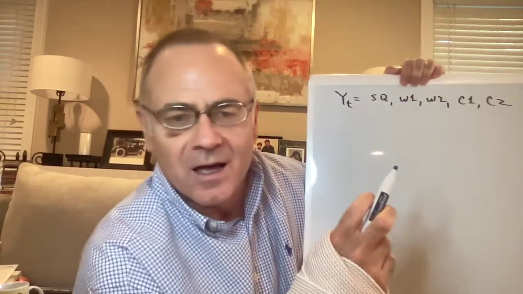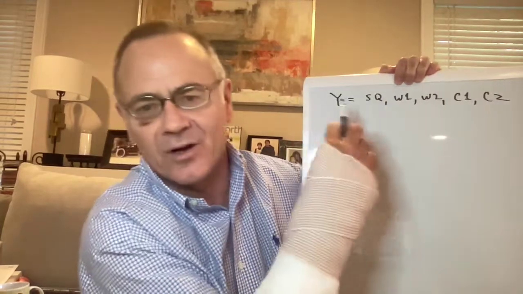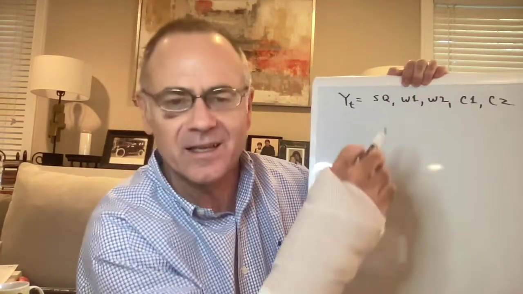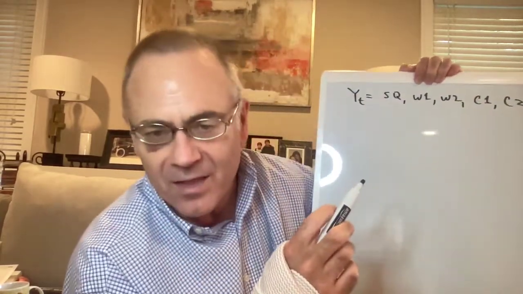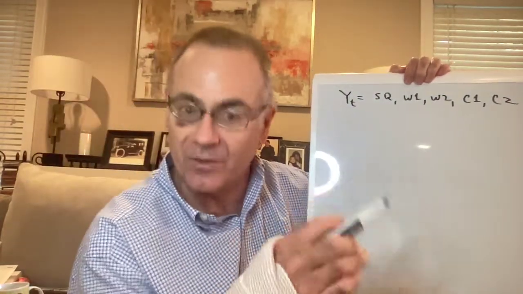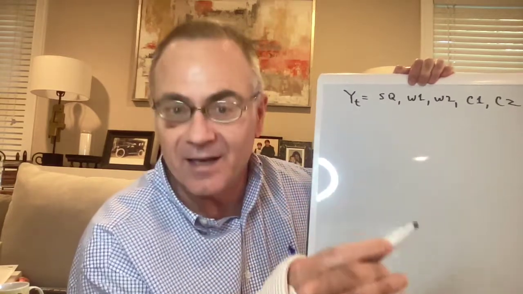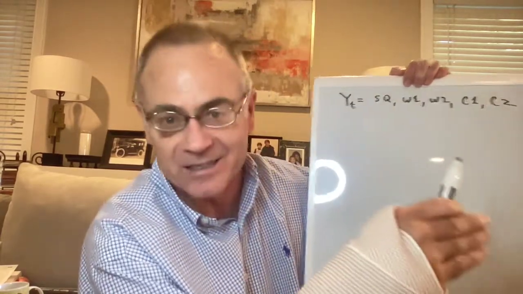Now, I could have labeled each outcome 1, 2, 3, 4, 5, but instead let's just call them SQ, W1, and so on. The key now is that for the recipe, we need to say the probability that the dependent variable in observation t equals what we actually observed.